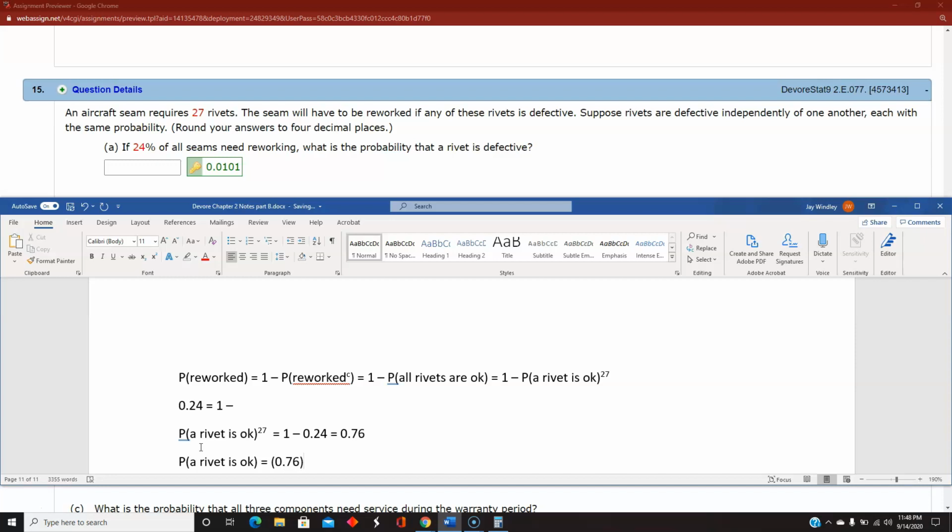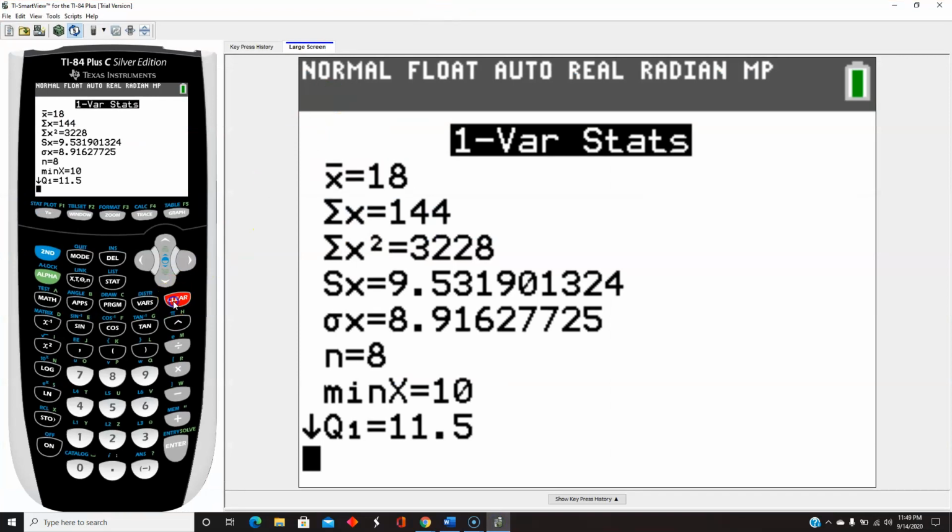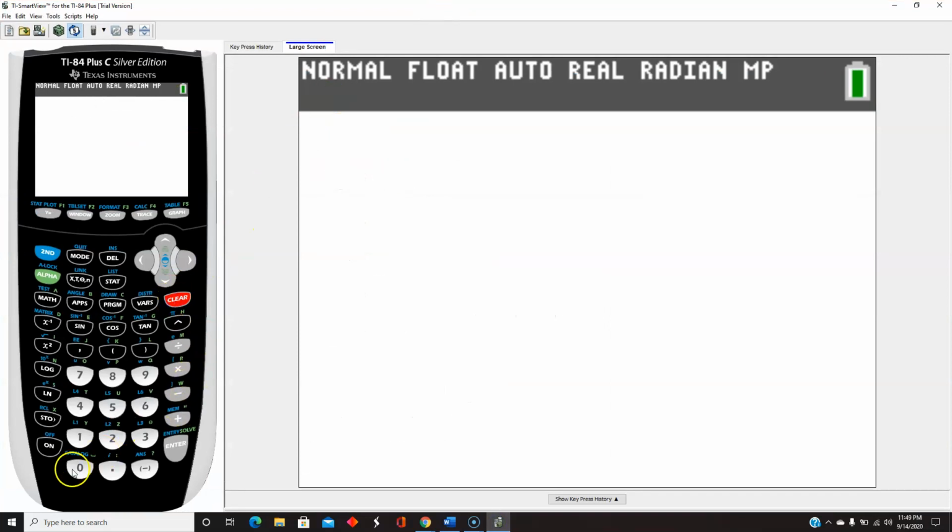I need that whole thing to the power 1/27th. But luckily, we have calculators that will do such things. Okay, let's try this again. 0.76 to the power 1/27th.